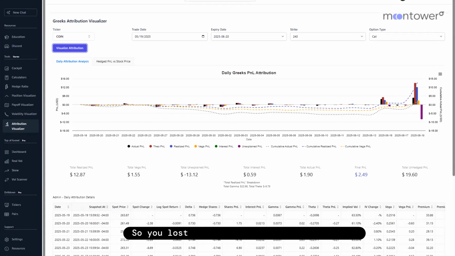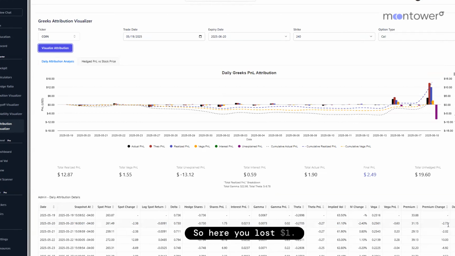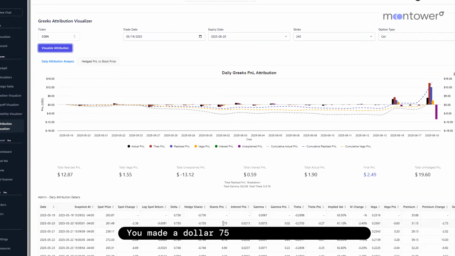You lost $2.73 on your call, but your shares made $1.75 because the stock dropped $2.38 and you were short 0.73 shares. So you made $1.75 on your share P&L and lost $2.73 on your options. You can also see that the implied vol of those options fell from 63.5 to 61.1.